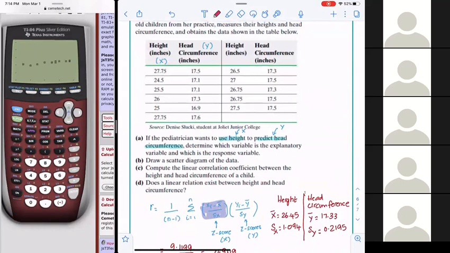If you look at all the y values, the range of y values is very narrow. It's somewhere from 16.9 up to a maximum value of 17.6. But when I set the window for y values, I set it from 15 all the way up to 20. And that is why we're not seeing a linear pattern.